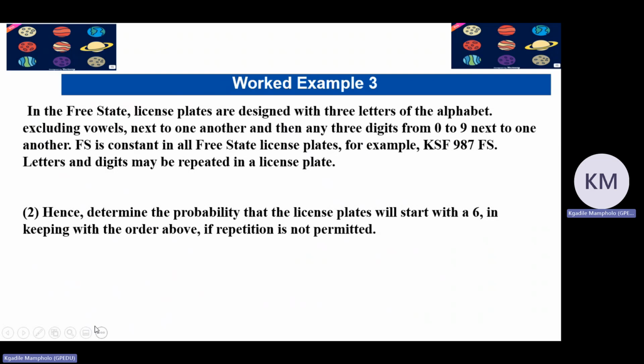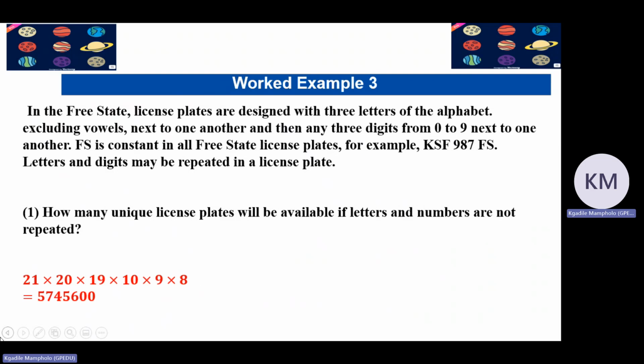Hence, determine the probability that the license plate will start with a 6 in keeping with the order above if repetition is not permitted. So now we say the license plate will start with 6 in keeping with the order. And before I forget, let's go back here. FS, you can't say times 2. Why? Because FS is at the end.